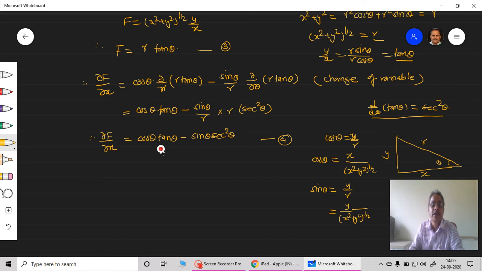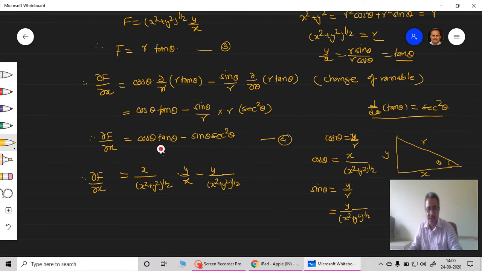So converting this, I'll get deva f upon deva x is equal to cos theta, which is x upon (x square plus y square) raised to half, and tan theta is y upon x, minus sin theta, which is y upon (x square plus y square) raised to half.